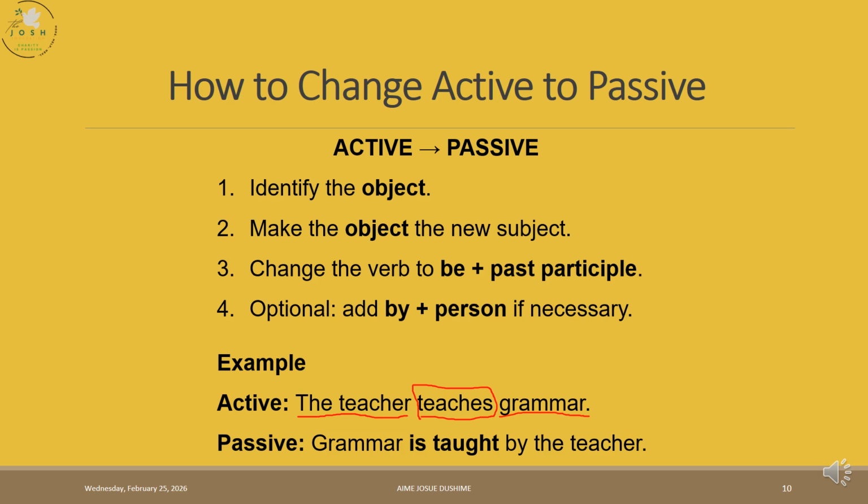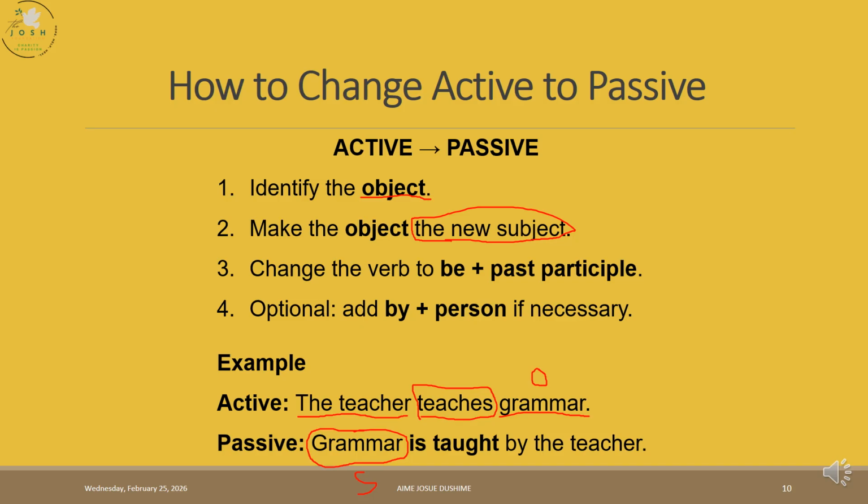We take the object and make it the new subject of the passive. So if this is the object, we have to make it the subject here. You see here, you make this a subject like this. And then what do we do?